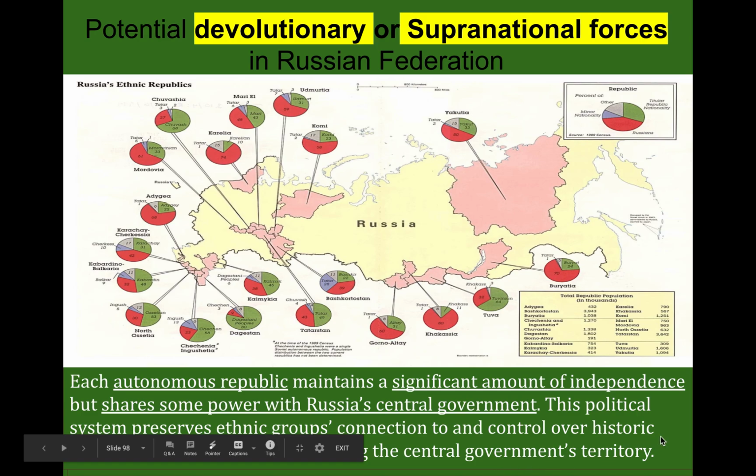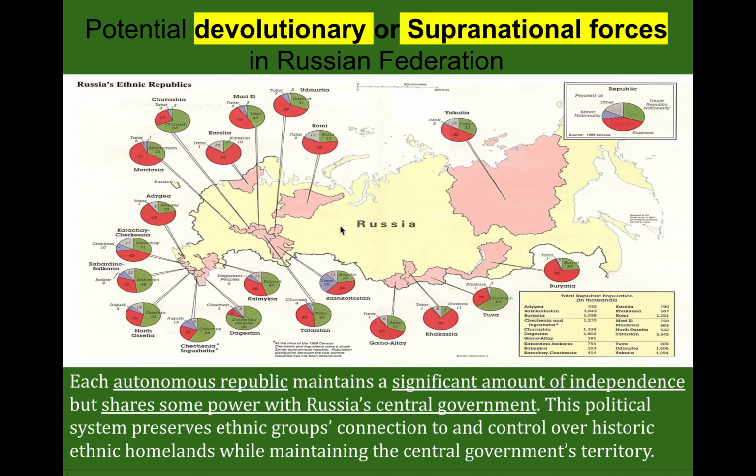All right, other possible devolutionary forces are at hand in the Russian Federation. You have those isolated regions, which we already talked about, along the Volga River and the Ural Mountains right here, and then also bordering states like in the Caucasus region. And then other bordering regions down here.